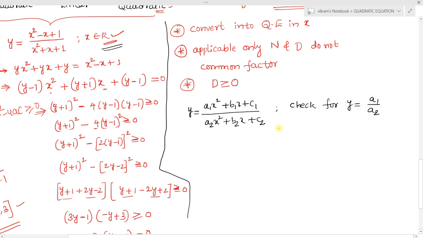Substitute that y value, whatever value is obtained, into the given function and solve for x.